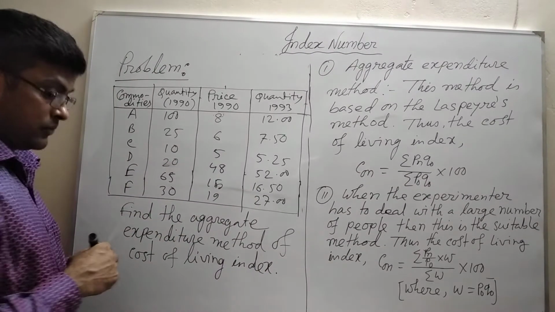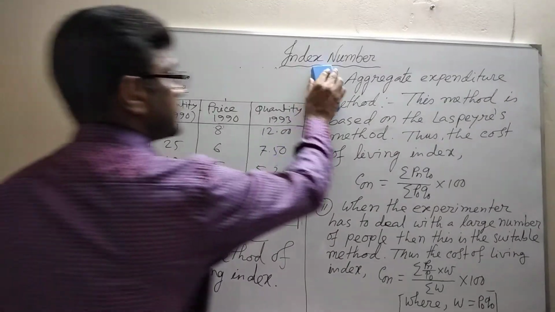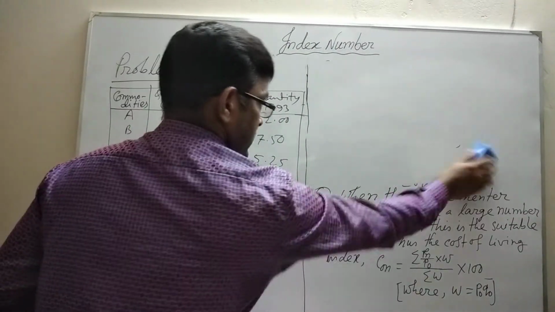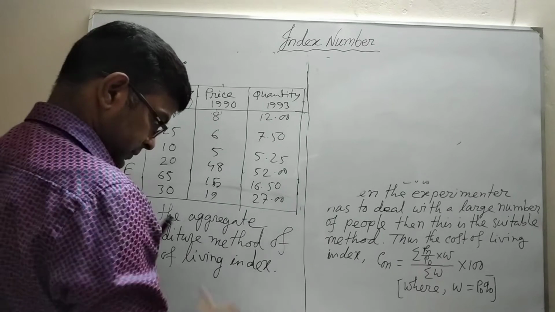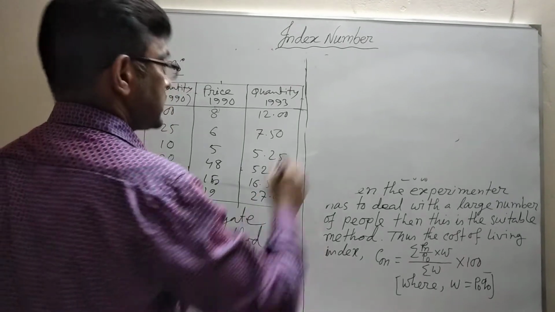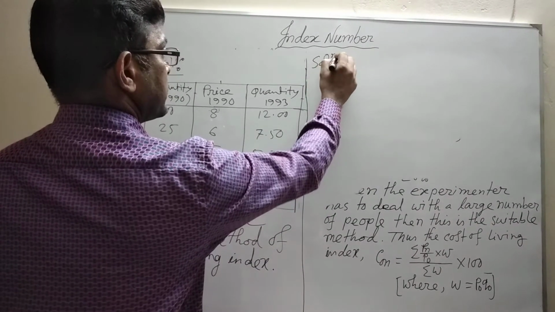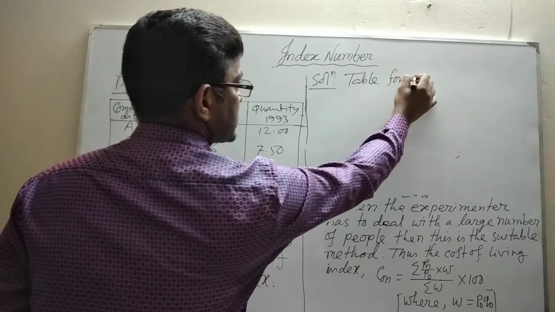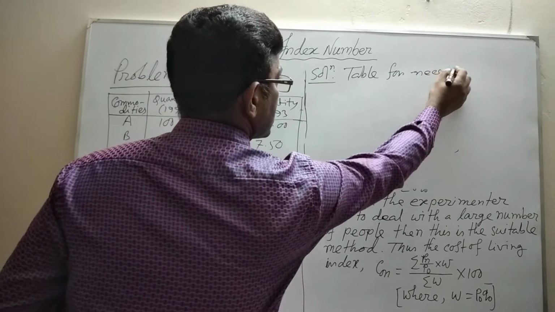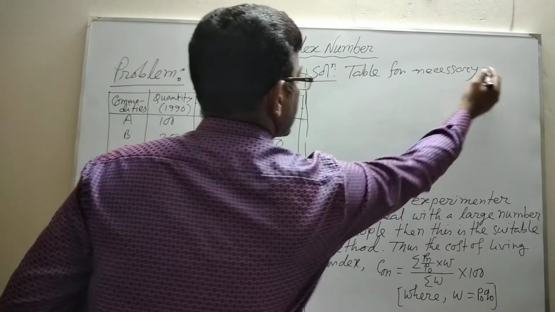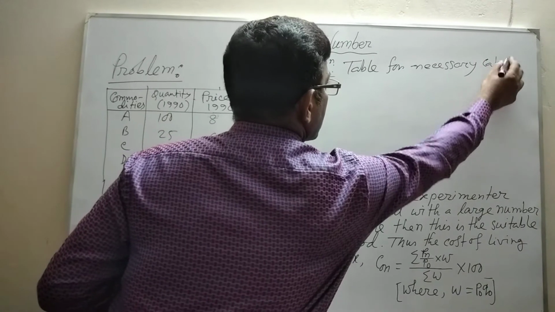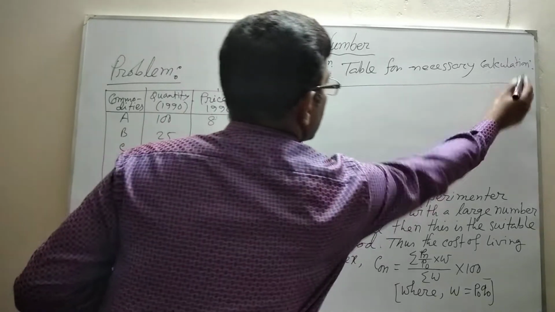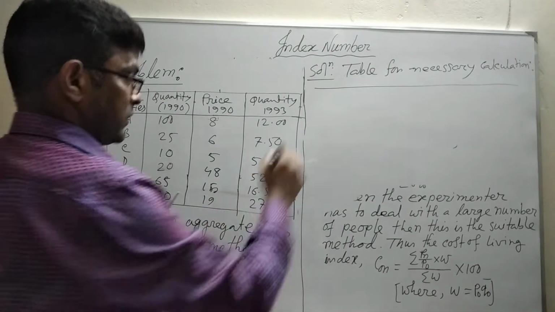Now we can solve. At first, the necessary calculation. Solution: table for necessary calculation. You can draw a table.